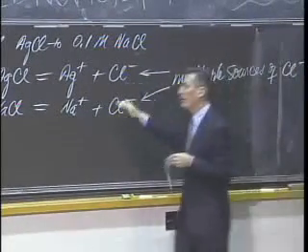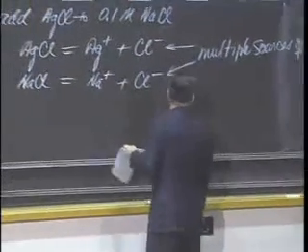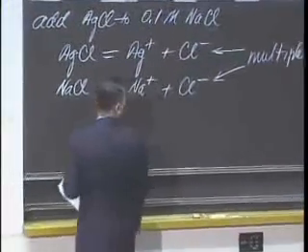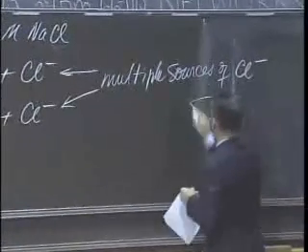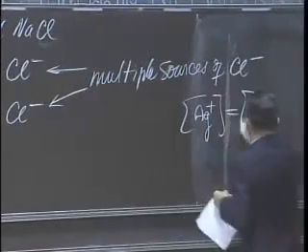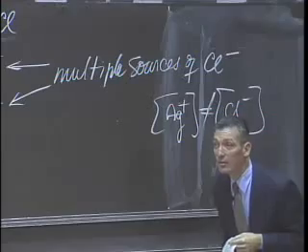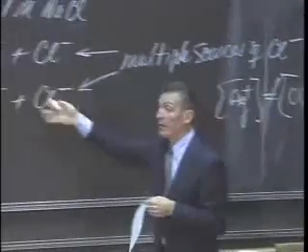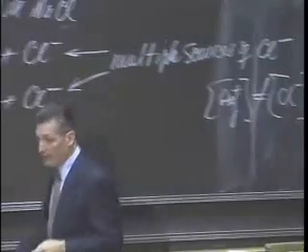We're getting some chloride ion from silver chloride. We're getting some chloride ion from sodium chloride. So the consequence of that is that I know I can no longer assume that the concentration of silver ion equals the concentration of chloride ion. That's no longer the case because I've got some chloride ion that came from sodium chloride. So that's a problem.